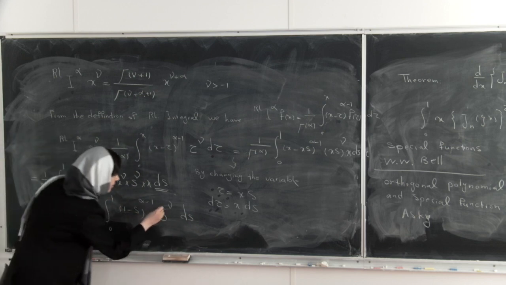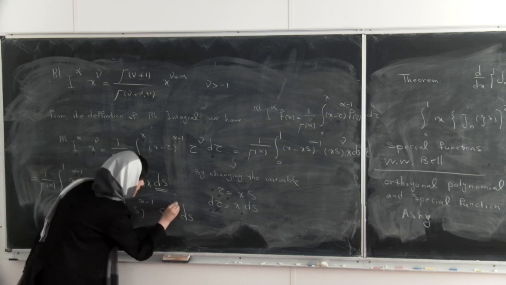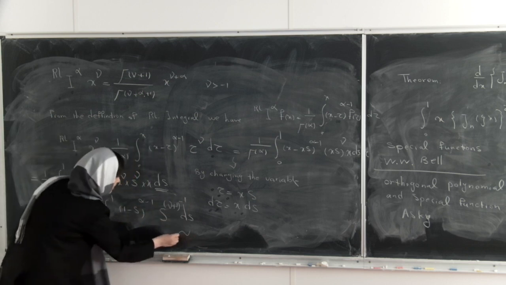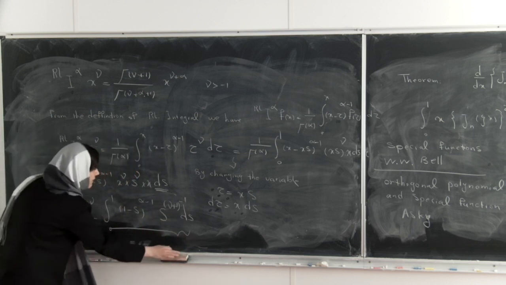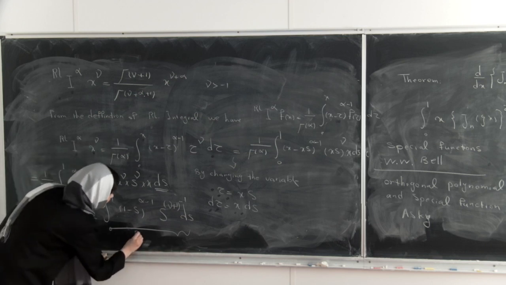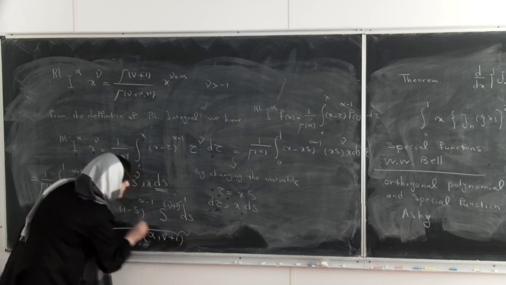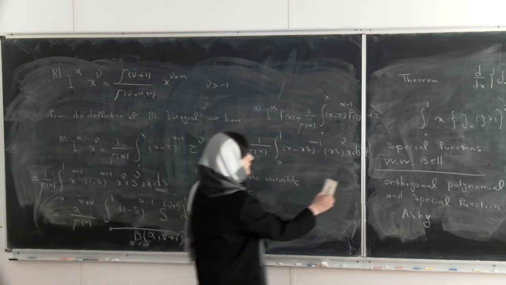And we know that we can write here nu plus 1 minus 1. And from the definition of the beta function, we know that it is the beta function of alpha and nu plus 1.